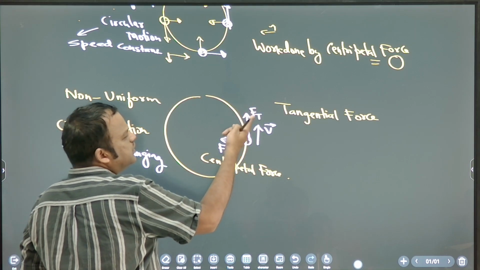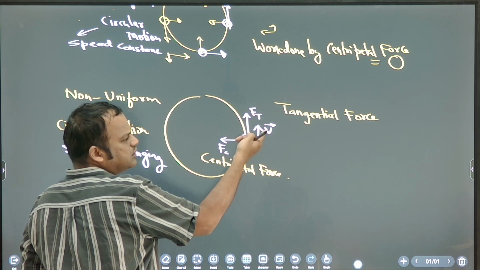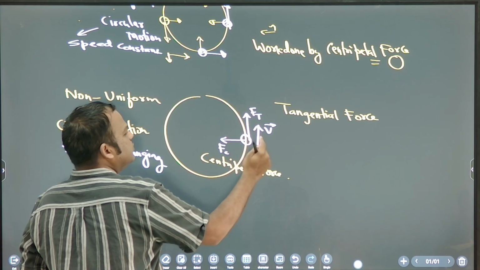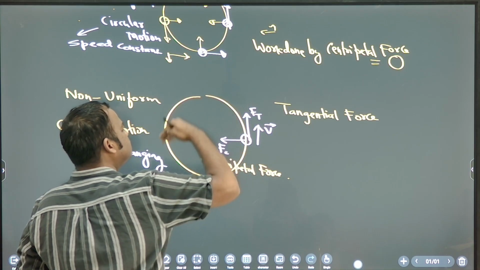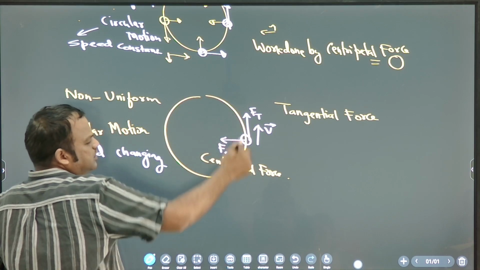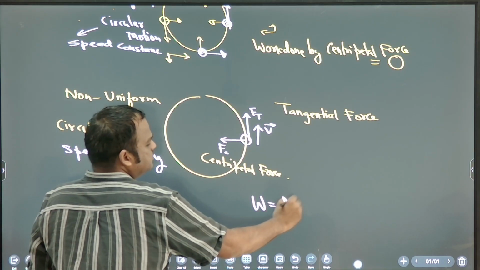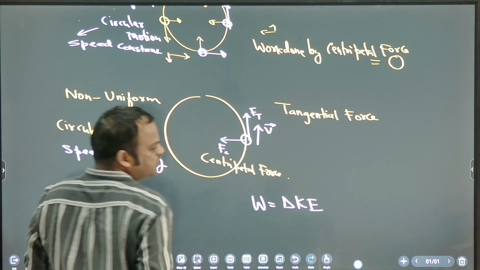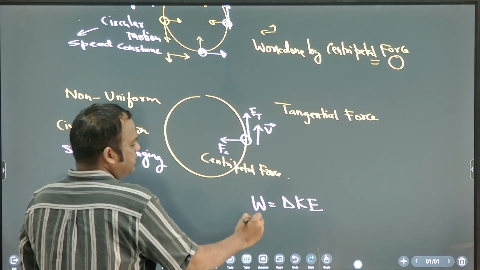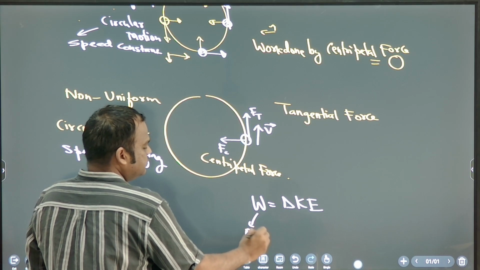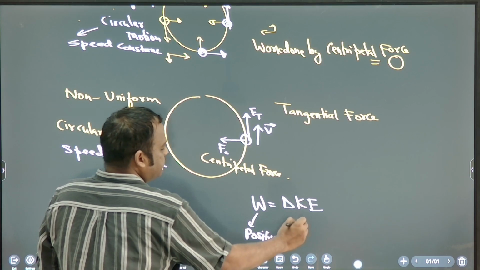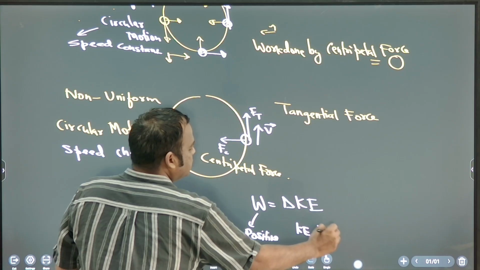So tangential force is doing positive work. So speed will increase, because work done is equal to change in kinetic energy. If work done is positive, kinetic energy is increasing.